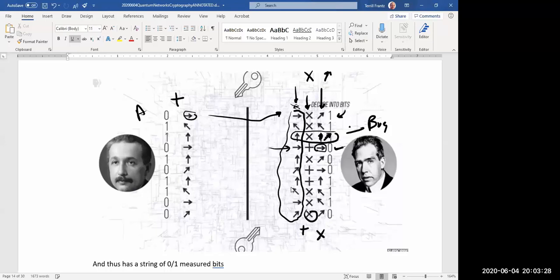And so what B gets then is a bunch of bits that look like this.